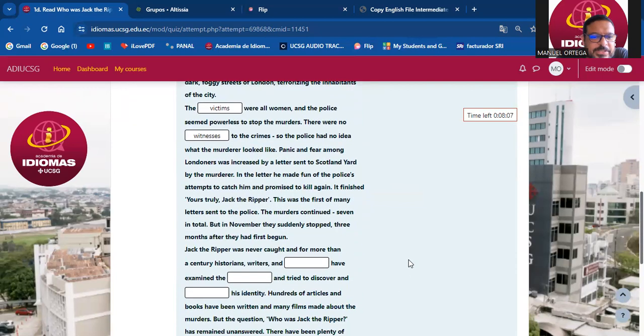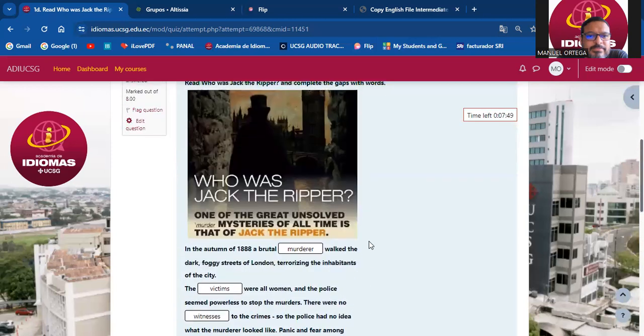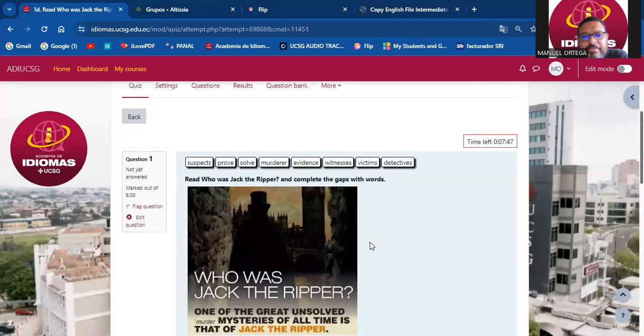We continue, right? And we get to Jack the Ripper was never caught, and for more than a century, historians, writers, and somebody that investigates something.